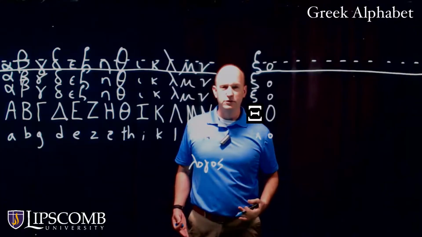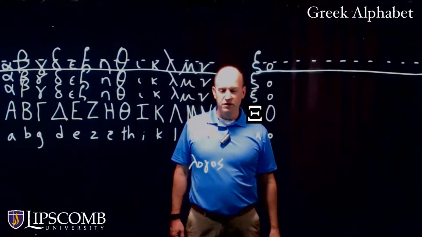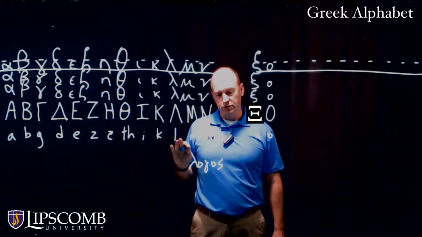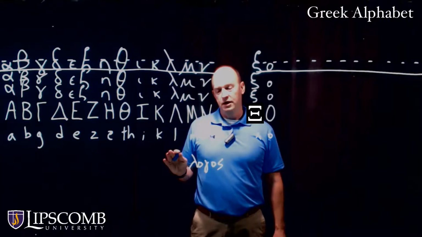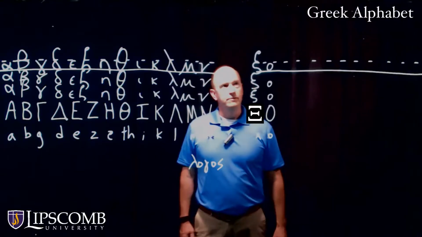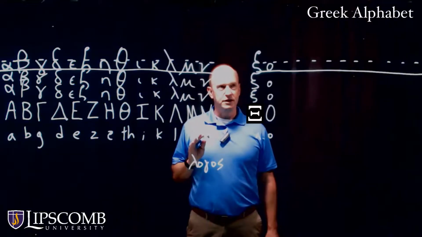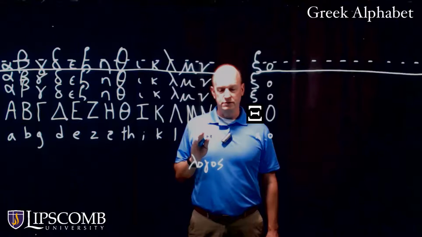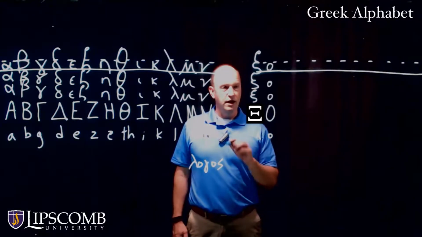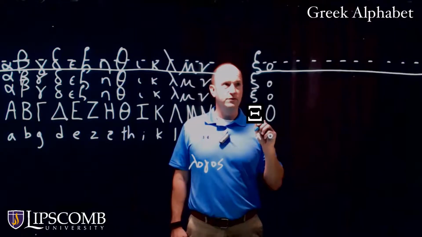It's better the way I do it, but it's not wrong to pronounce it lahgos, and you'll hear a lot of people say lahgos. So there's debate among Greek teachers the best way. A lot of times classical Greek teachers will say lahgos, and Koine Greek, which is biblical Greek, will say logos. But in this class, we're going to say logos. This is one of the reasons I'm making this video is because I get to make it the way I want it, and I want us to say logos.